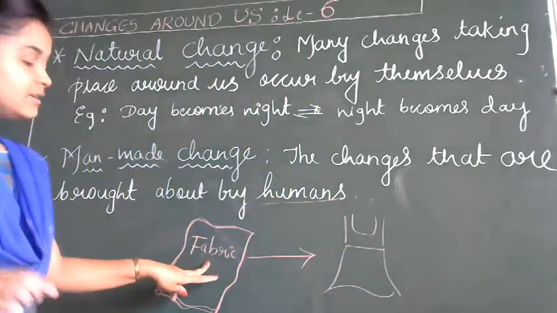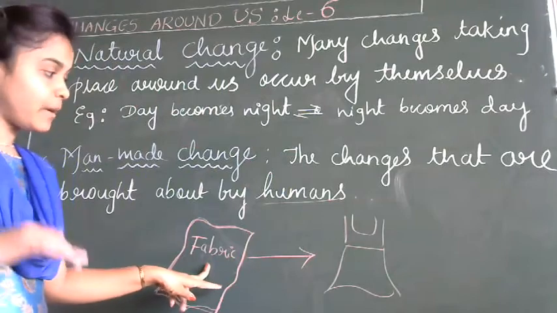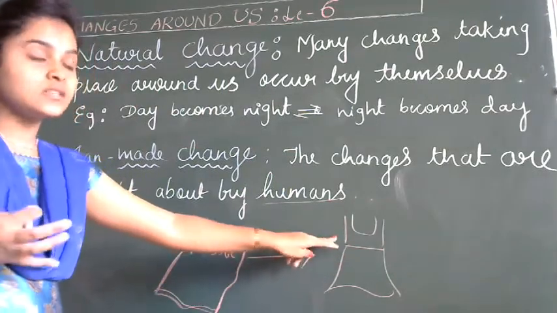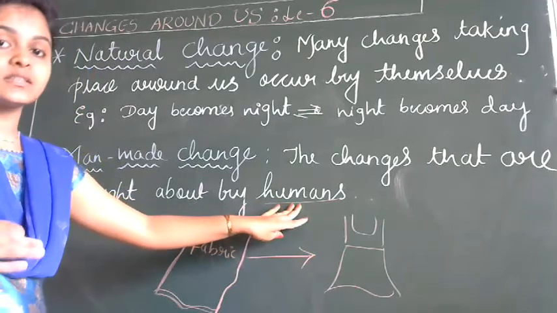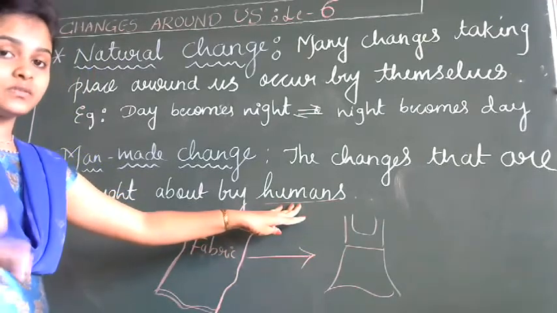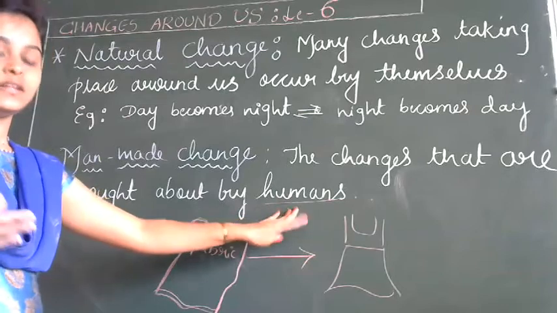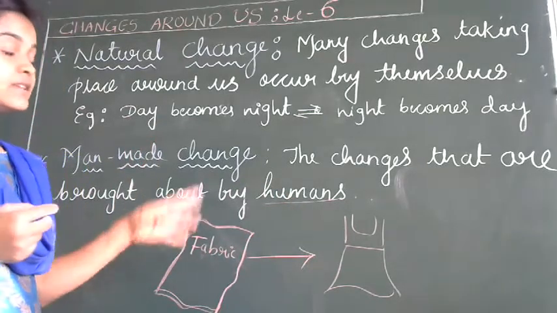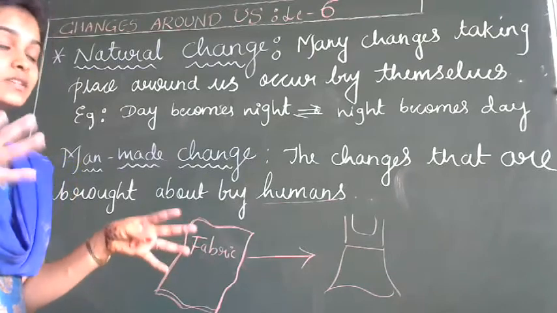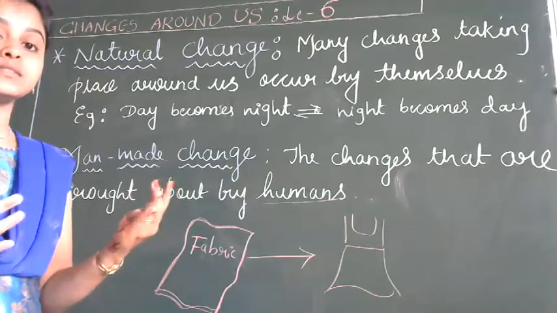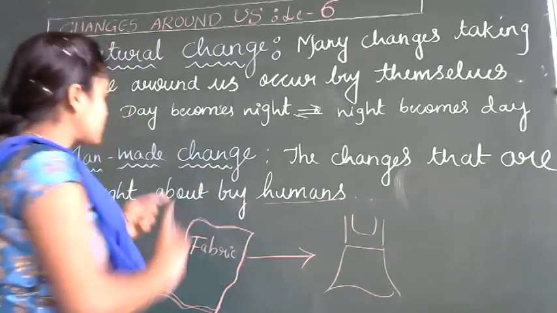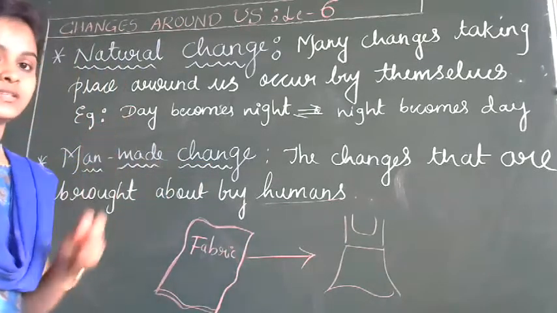So I can change this plain fabric into varieties of dresses. So who is changing here? Humans are changing, tailors. They are cutting it, taking the length of that fabric, then stitching. Here the changes are taking place with the help of humans. So such kind of changes we call a man-made change.